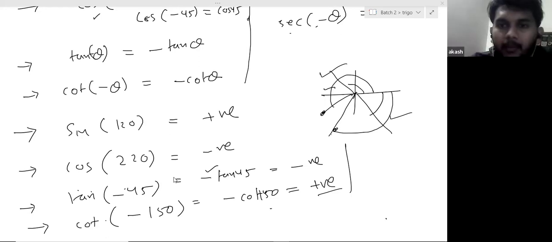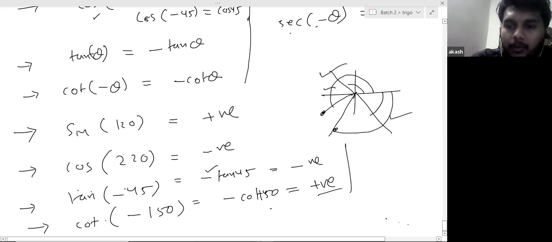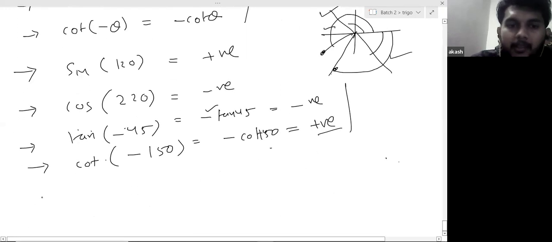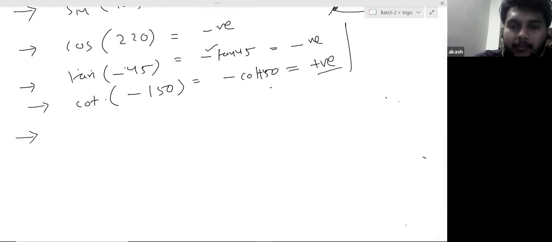All right. In the last class, we studied in which quadrants which trigonometric functions are positive and negative. Right, Rahman? Any doubts in that?